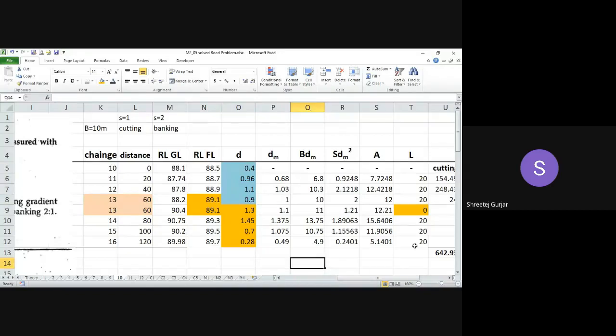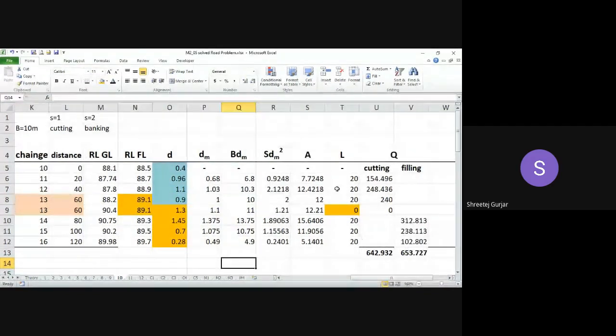The remaining part is similar, where you calculate the area and then the length. Do not make a mistake while calculating this length over here. Do not write 20, because if you write 20 over here, you will get an additional value and your cutting value will go wrong. So be careful while solving this numerical.